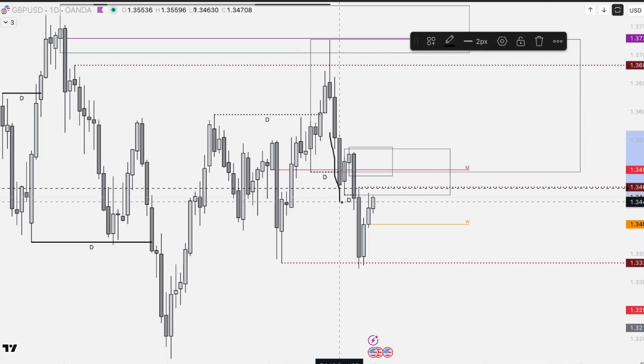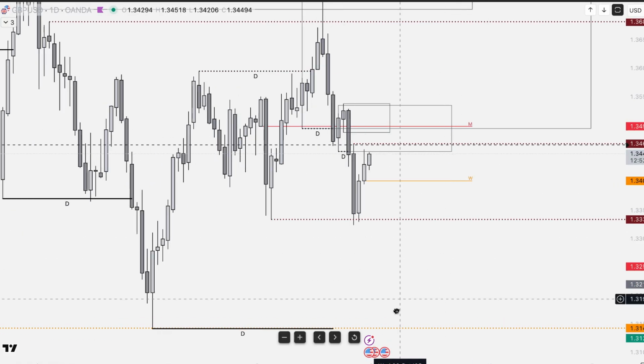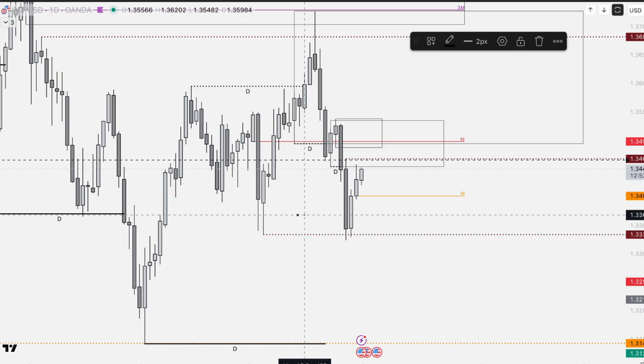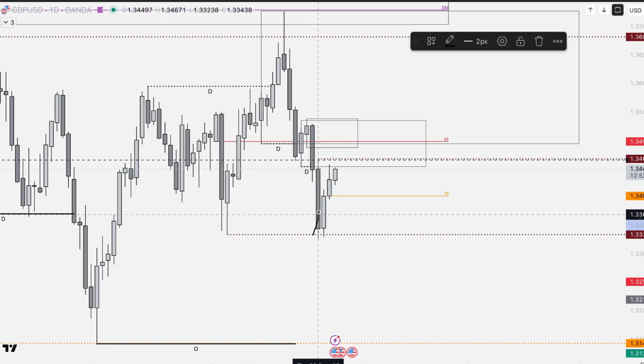After that we went down, up, and again down, broke market structure here again. So now this supply is in control. But when we look at here, we see that the market took out this daily liquidity and after that it moved up higher.